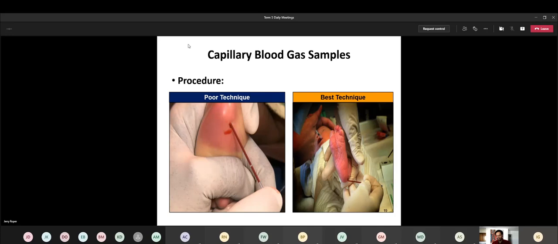It will continue to get pulled in until your capillary tube is full, and then you're done. So when it works out well, it's very simple. It's very easy. And when there's not good perfusion or there are some other challenges with the patient, then you may not get as much blood as you would like.